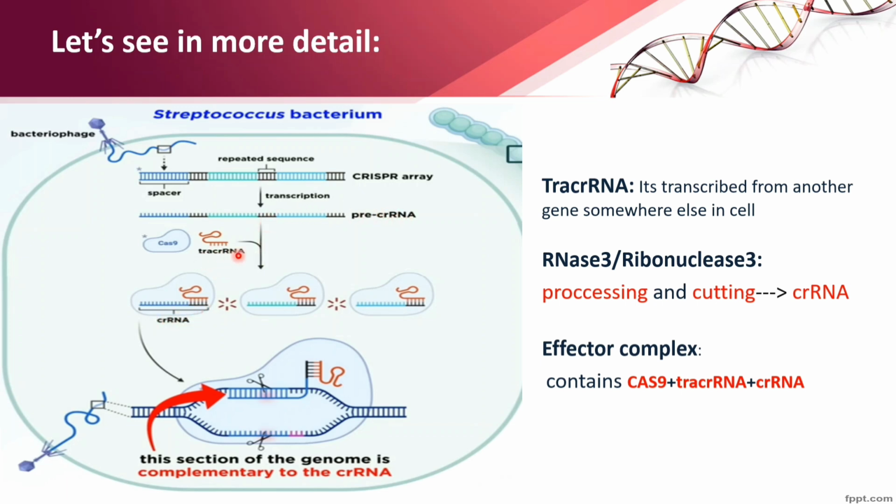Additionally, an RNA called tracer RNA, which is transcribed from another part of the bacterial genome, comes into play, as does the Cas9 enzyme. Finally, these three components, cRNA plus tracer RNA plus Cas9, together form a complex called the effector complex, which binds to a specific sequence of the pathogen, cuts it, and destroys it.